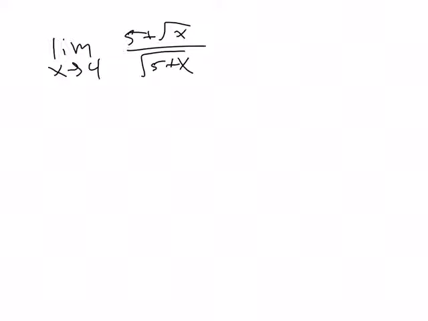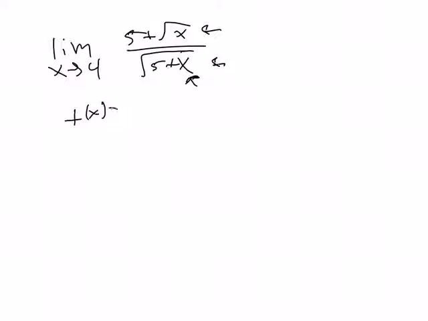It's problem 31. The limit as x goes to 4 of 5 plus the square root of x over the square root of 5 plus x. Because if you plug in 4 down here you don't get a 0, by the theorem for continuity, and this is continuous, right?